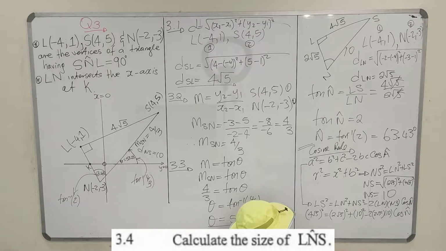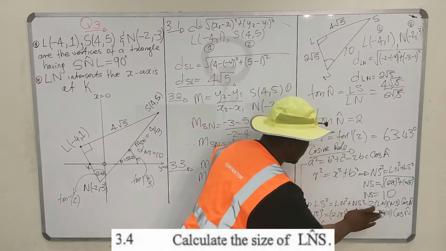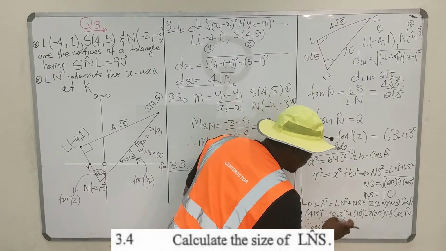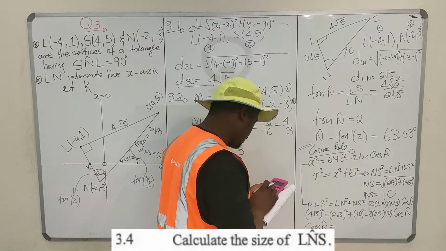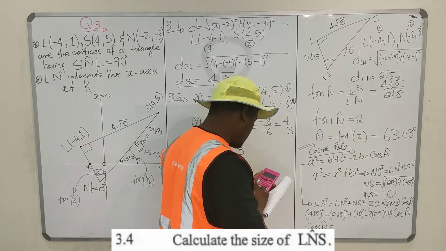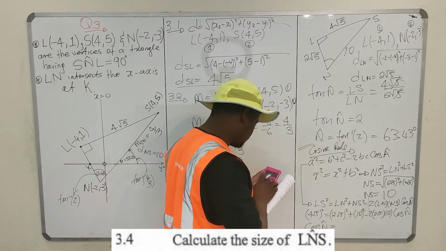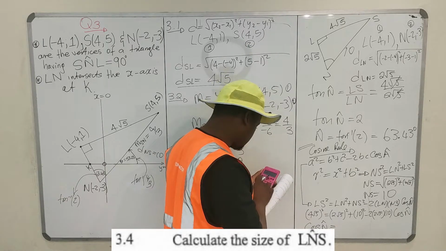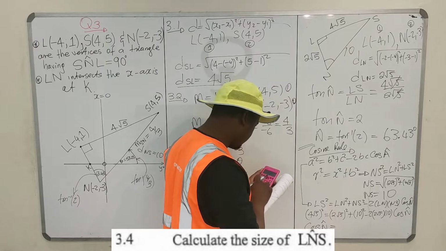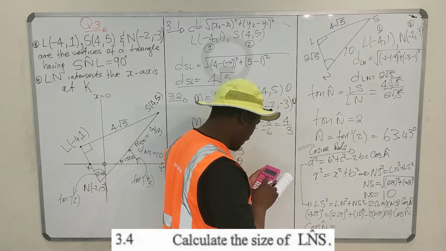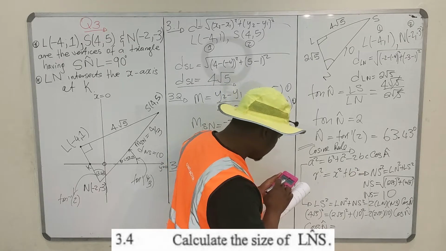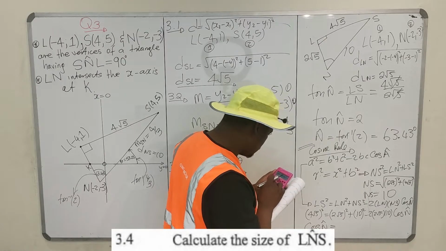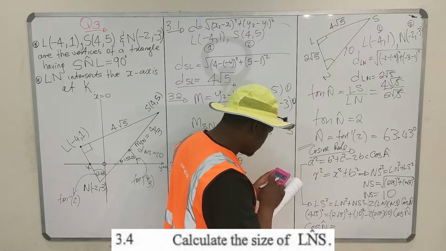So you solve for cos n. Transpose these two and divide by that. So we say 4 root 5 all squared minus 2 root 5 all squared minus 10 squared, divided by 2 into 2 root 5 into 10.